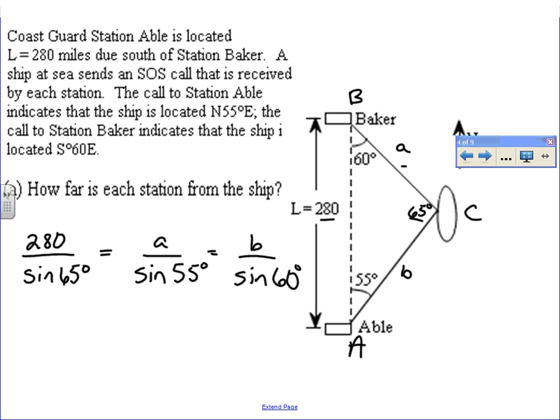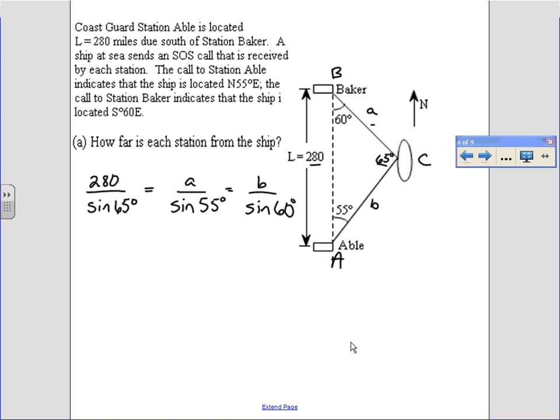Now we'll cross multiply with the first ratio to get them. Okay, so let's cross multiply with the first two. It'll give me A times sine of 65 equals 280 times sine of 55. So how would I solve for that A there? Right.